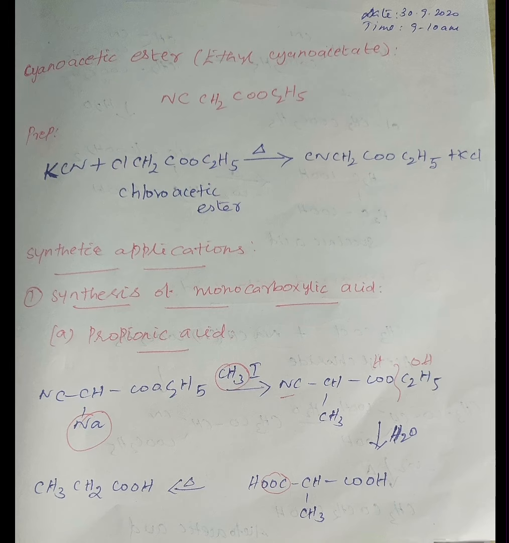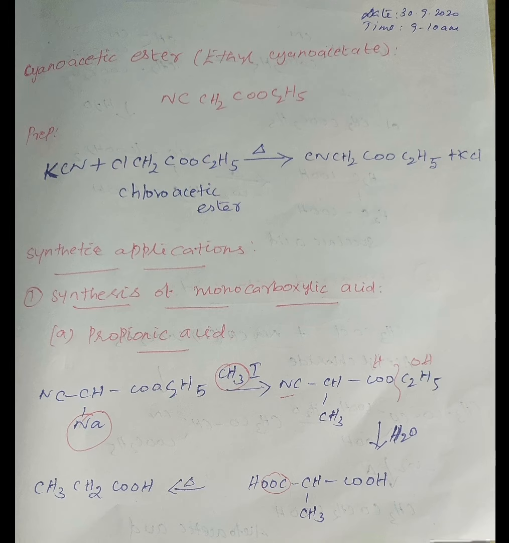Now the synthetic applications. The first one is synthesis of monocarboxylic acid, for example propionic acid. Propionic acid is prepared from cyanosodio-acetic ester. It reacts with methyl iodide. The sodium is replaced by a methyl group and the sodium is removed as sodium iodide. So what is the product? CNCH(CH3)COOC2H5.